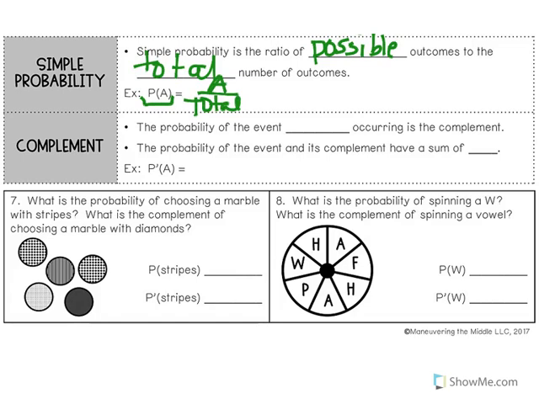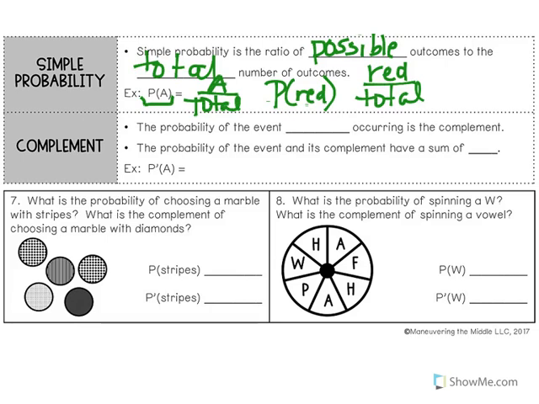Only A. If it said probability of heads, we're talking about all the times heads is going to happen. If we say the probability of red, we are talking about all the red versus the total. So this little symbol is just telling you what you want.